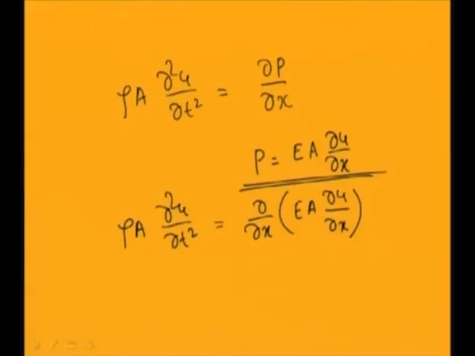If the rod has uniform cross section and it is a homogeneous rod, then E is constant and A is constant.